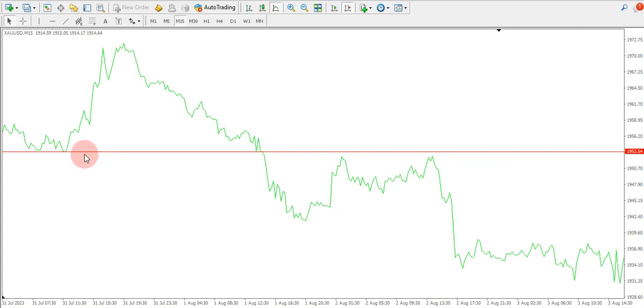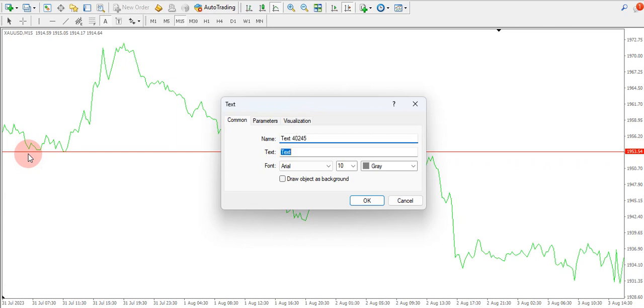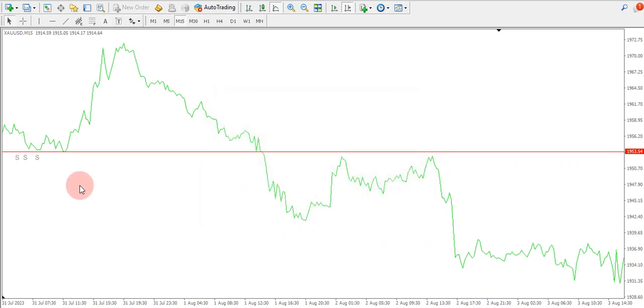Okay, so what do we pick up around these support levels? So we can say this is our support level. So what I have picked up already here is this.